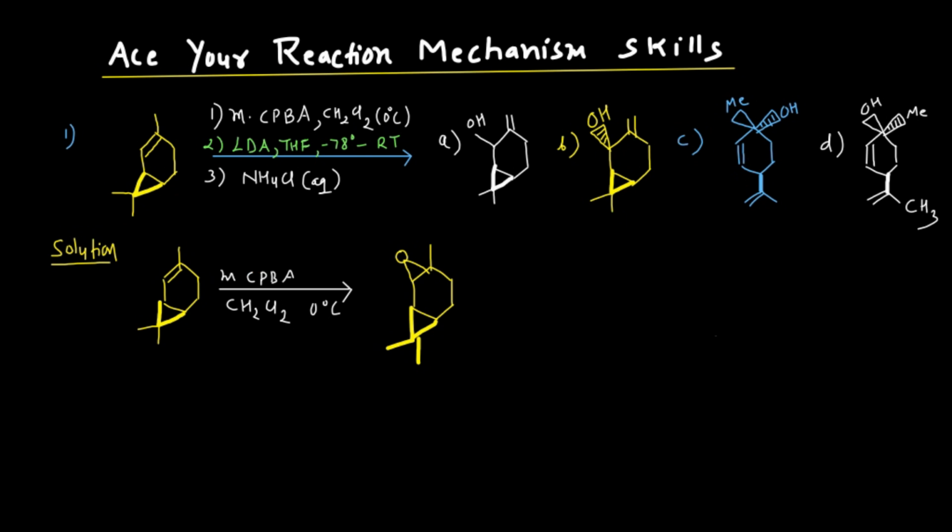Please remember, your oxygen will attack from the bottom position, and when it does, that means this bond would be below the plane. So I am writing here a dashed wedge, and in stereochemistry you all know this dashed bond shows the bond below the plane, and this is the bond which is above the plane. So this is the first step of the reaction which you have done.